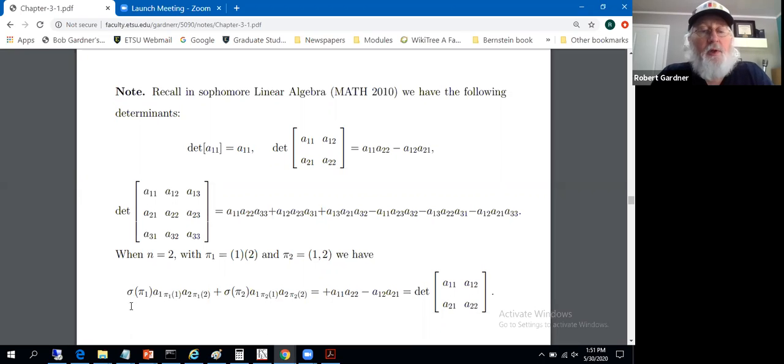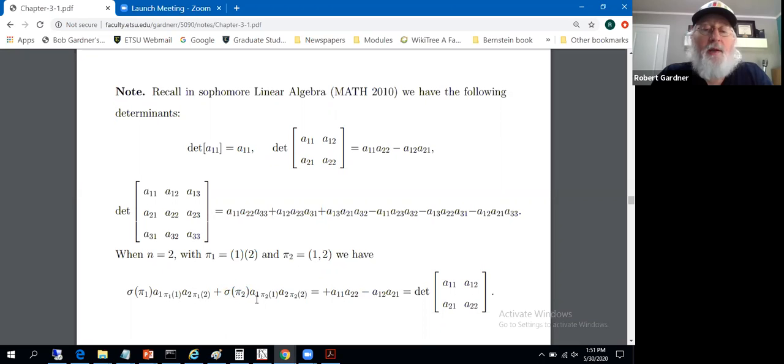All right, well, let's see, sigma of pi sub 1, even permutation, the plus 1 if you like. A sub 1, pi sub 1. Pi sub 1 is the identity, so pi sub 1 of 1 is 1, a sub 1, 1. Pi sub 1 of 2 is 2, a sub 2, 2. Over here, sigma of pi sub 2, that's an odd permutation, gives us a negative sign here.